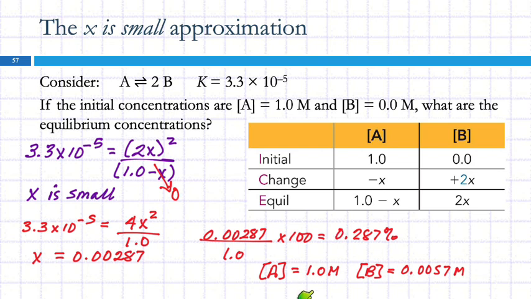So our final concentration of A is also 1 molar, and the initial concentration of A was 1 molar. That is only if we stick to sig figs. That's due to limitations in how precisely you can measure that. The amount of product that formed was extremely small. And so, yeah, that's how it is.